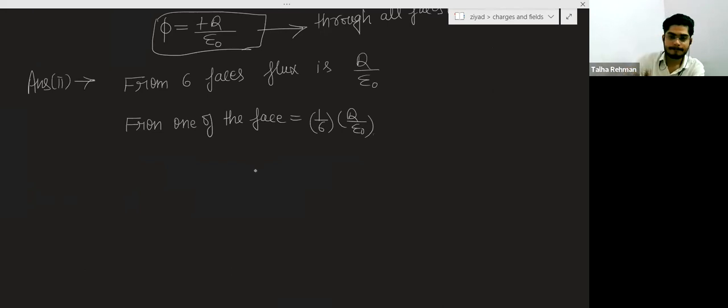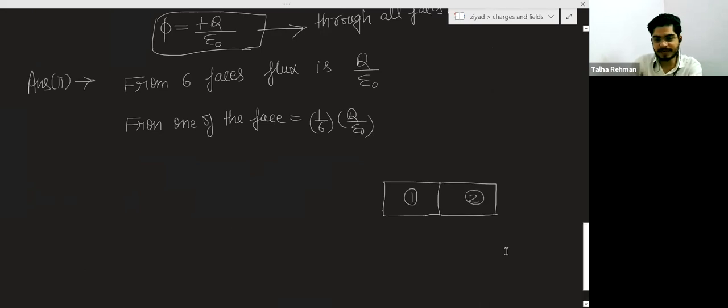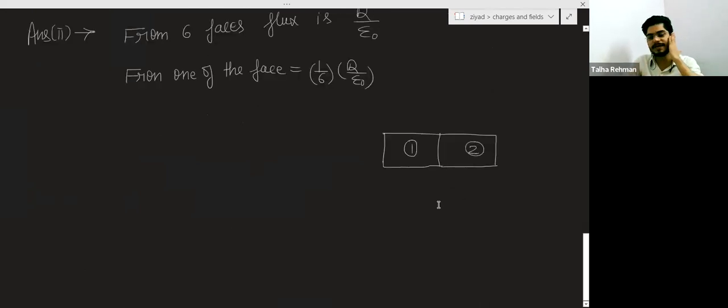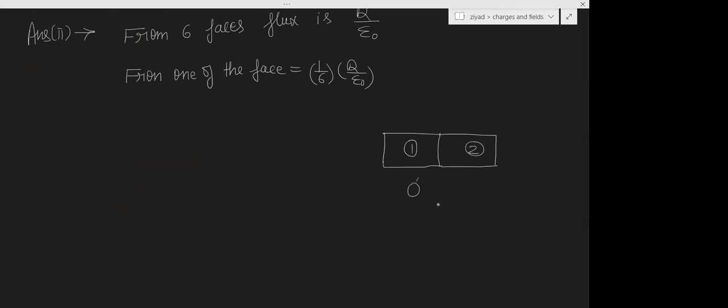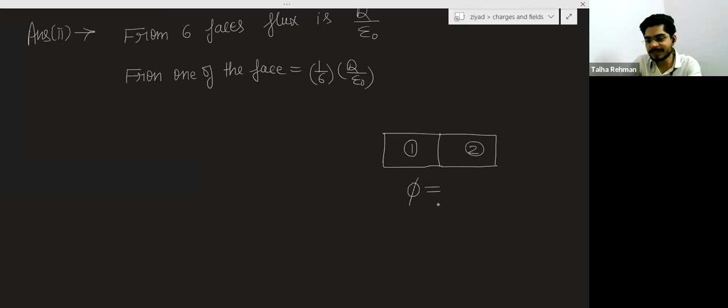suppose you have this area and you have this area. Means you have one face is this, your another face is this, and both faces are equal and symmetrical, and someone is saying total flux from both the faces is 6.